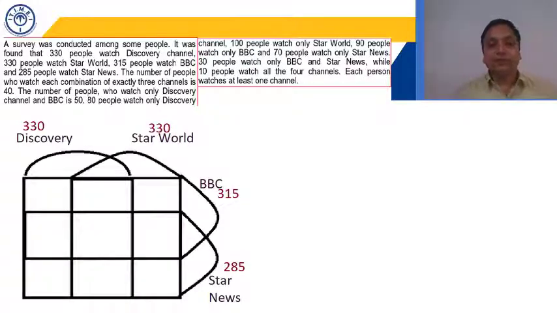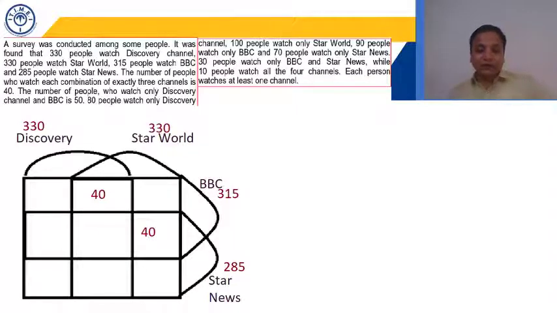That means this 40 is outside Star News. These are not watching Star News. But this 40 is inside Discovery, inside Star World, and inside BBC. So they are watching these 3 channels, but they are outside Star News.